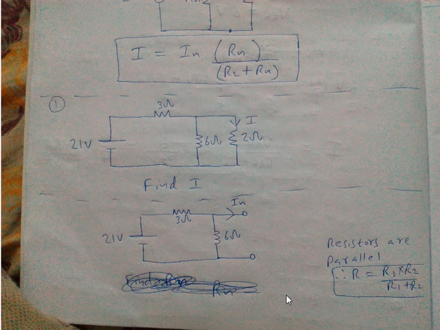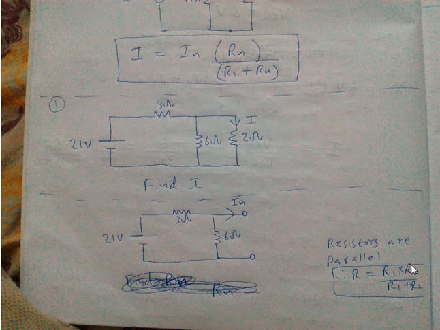Like Thevenin's theorem, first we have to draw this diagram like this, and the unknown current portion we have to make an open circuit like this. When we make it an open circuit, you can see 3 ohm and 6 ohm, which are in parallel.